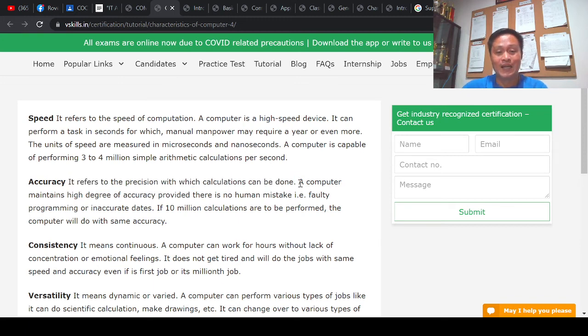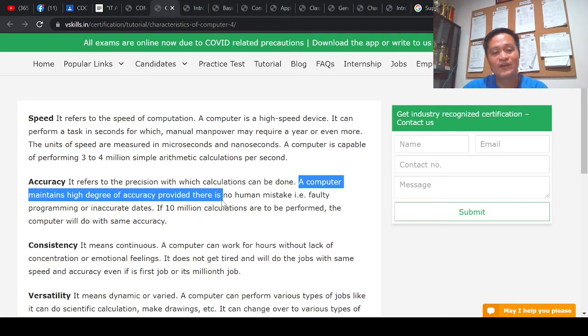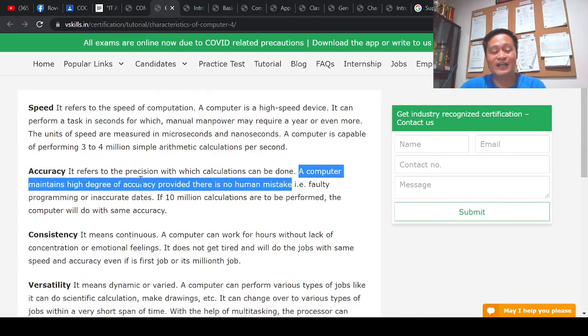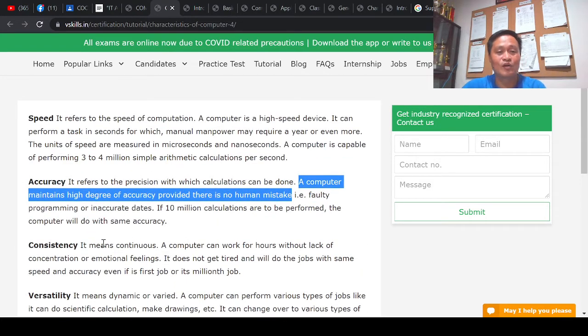All right? And a computer maintains a high degree of accuracy provided there is no human mistake. Alright, that's what I'm trying to discuss. If the formula is okay, if the logic is okay, computer will perform such operations with utmost accuracy. That's the second characteristic of computer.